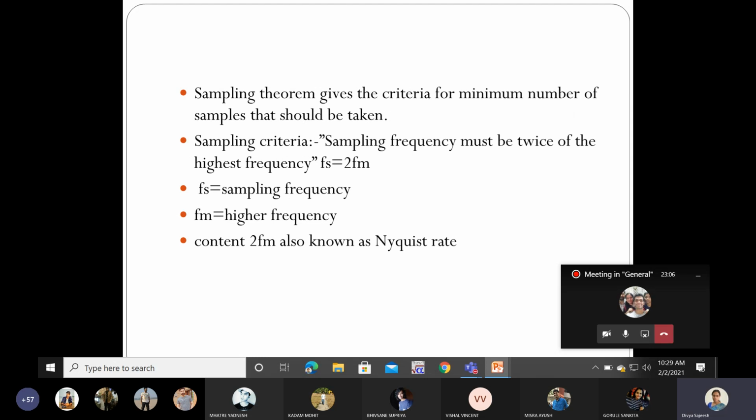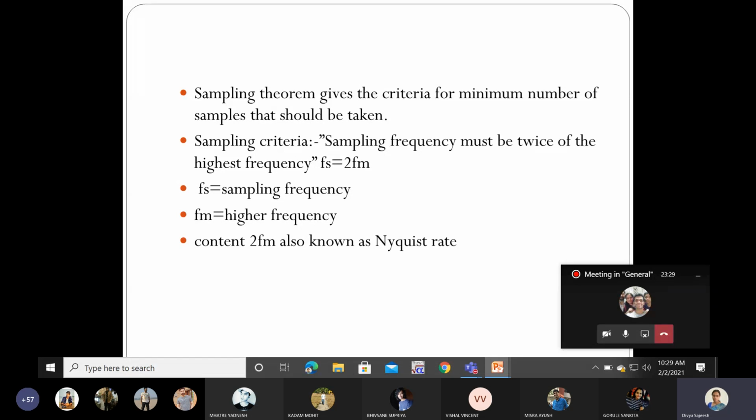The criteria for sampling is this: because we have to recover your analog signal, you have to obtain back your continuous time signal from the samples. If we need to recover it, then this condition should be satisfied. What is the condition? The sampling frequency must be twice the highest frequency.